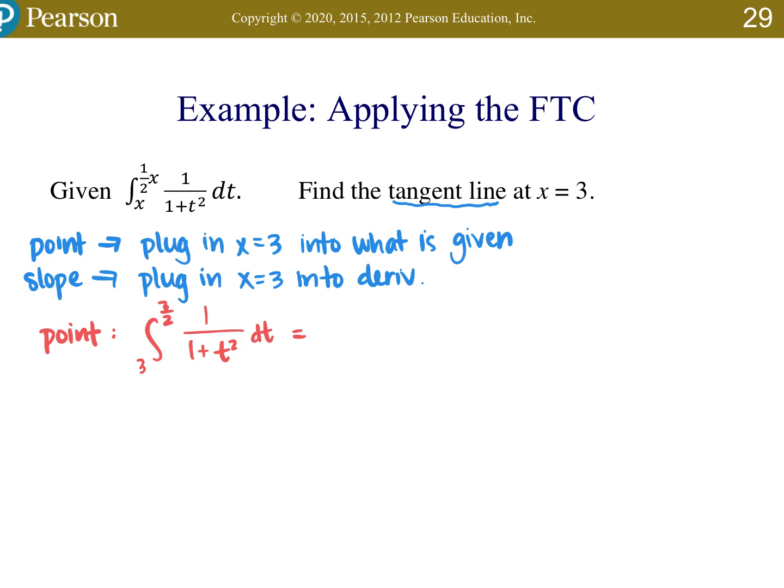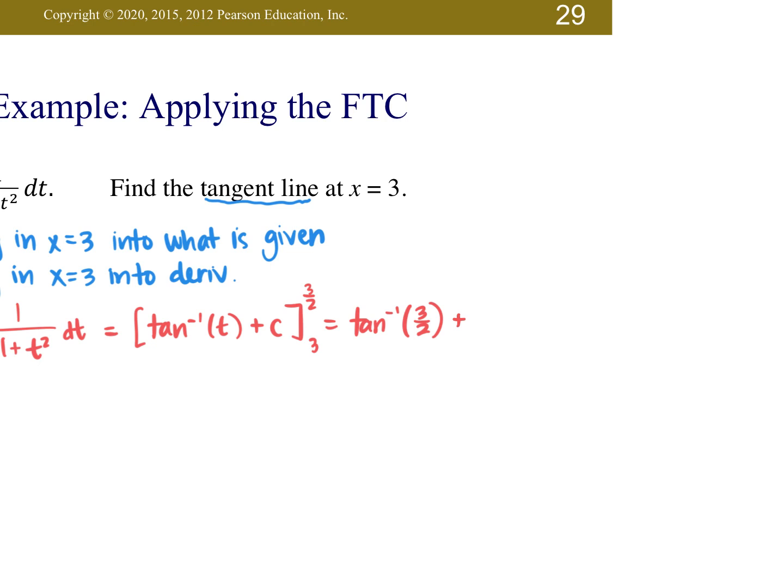I know the antiderivative of 1 over 1 plus t squared is tan inverse plus constant c from 3 on the bottom and 3 over 2 on the top. So that'll give me tan inverse of 3/2 plus c minus tan inverse of 3 minus c.